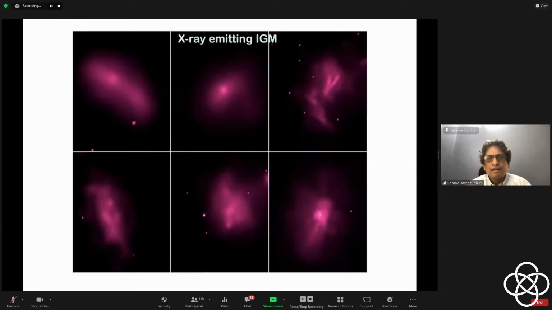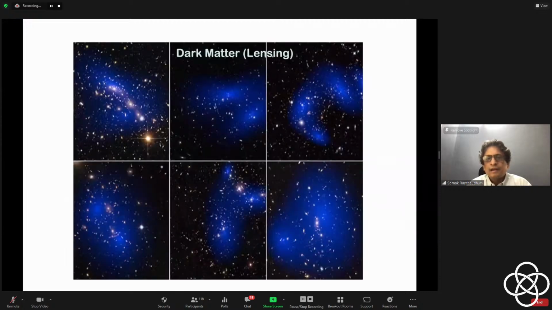These are the X-ray images of the clusters. The blue bits are the dark matter from weak lensing and strong lensing measures, for the same clusters, and the actual optical pictures are on them for you to see whether the dark matter follows the distribution of galaxies.